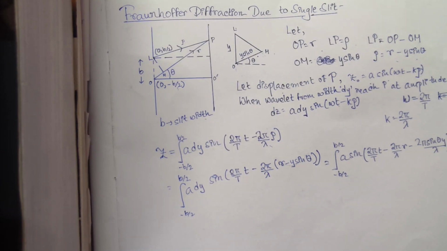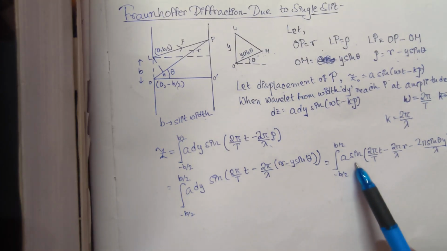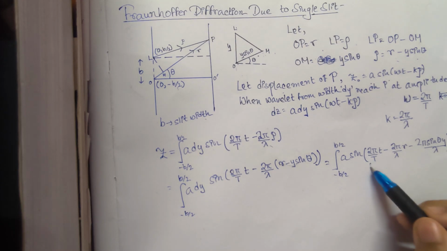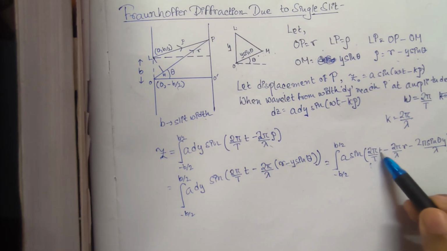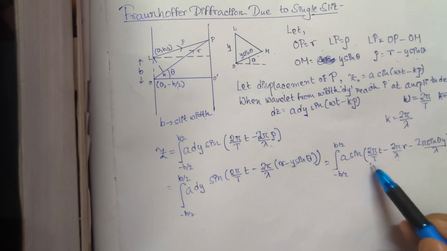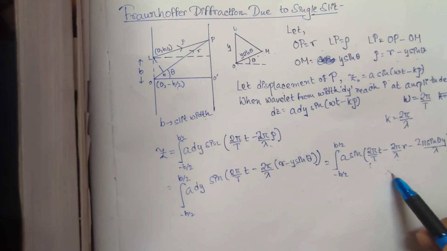Now, first of all I will integrate the sine function. This portion, that is 2 pi by capital T minus 2 pi by lambda into small r, we can treat as a constant alpha.